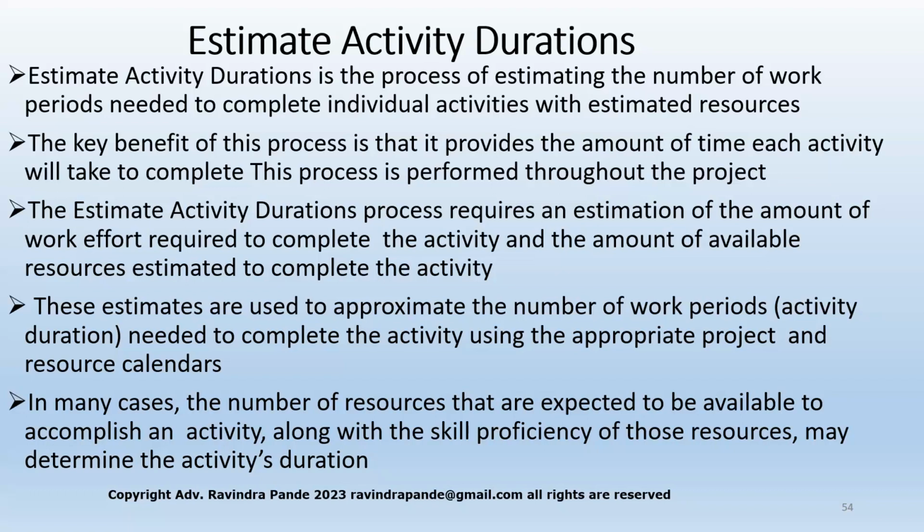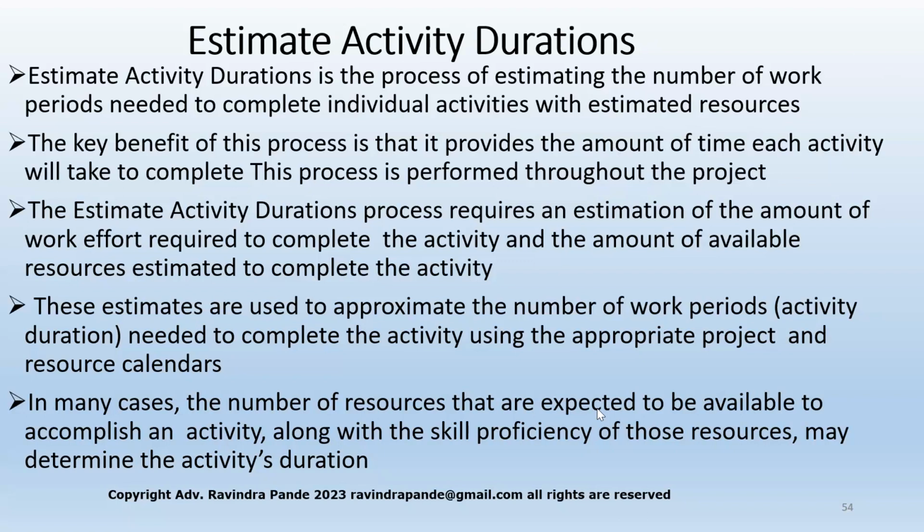In many cases, the number of resources expected to be available to accomplish an activity, along with the skill proficiency of those resources, may determine the activity duration. Let's try to understand this statement in detail.